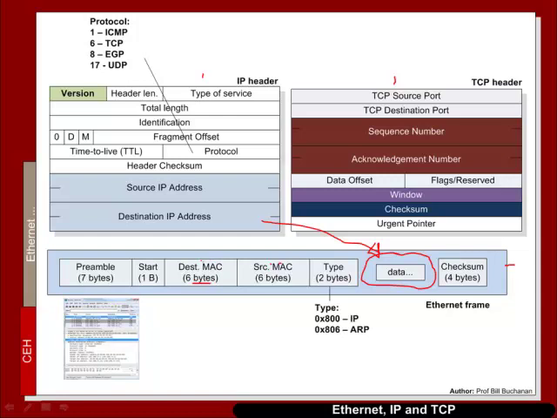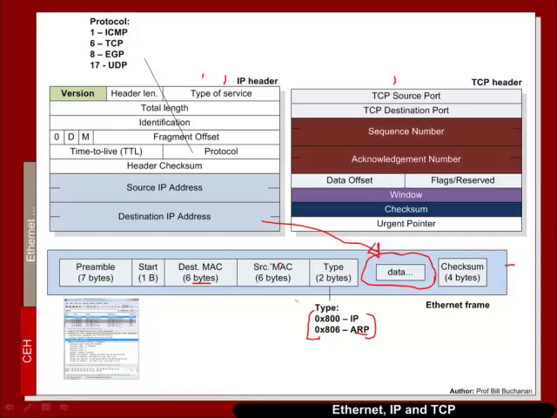So this is the sender, and this is the recipient MAC address. The next thing defines what the basic type is of the payload of the Ethernet frame. If it's hex 800, then it's IP, an IP packet, such as this one. If it's hexadecimal 806, then it's an ARP packet.